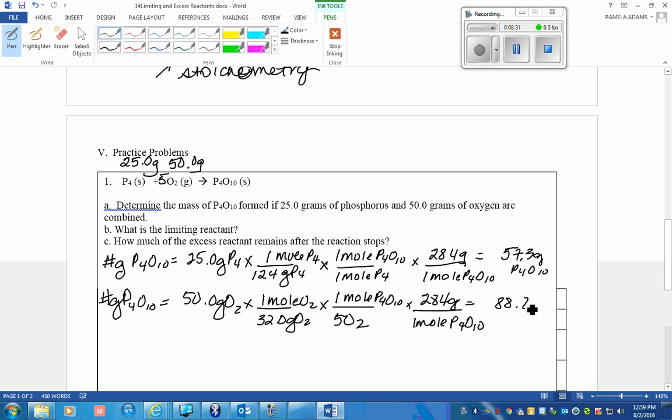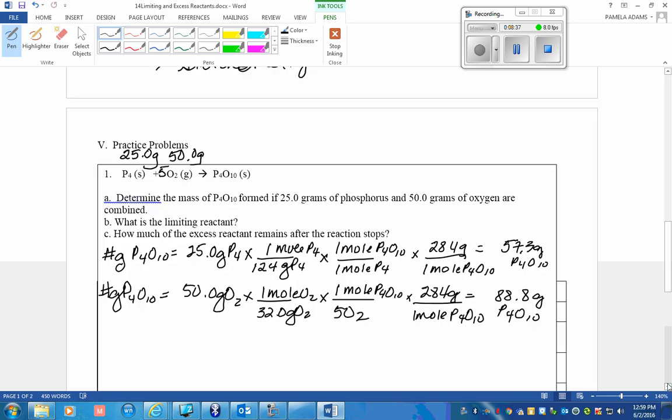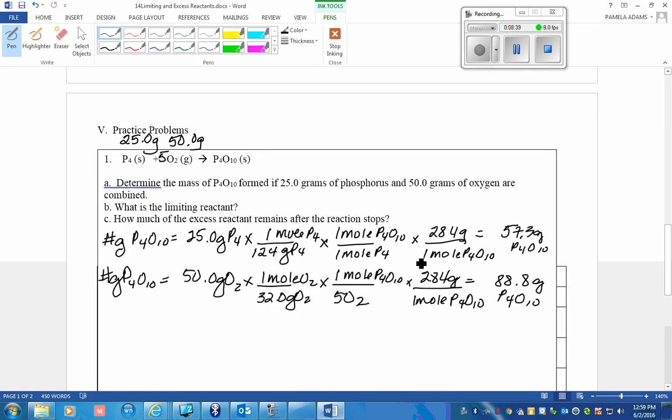Using up all my oxygen will make 88.8 grams of P4O10. The limiting reactant is the P4. It runs out and it makes 57.3 grams of P4O10.